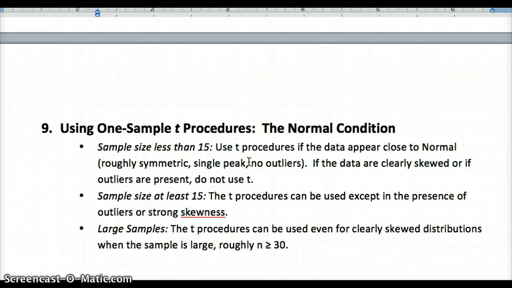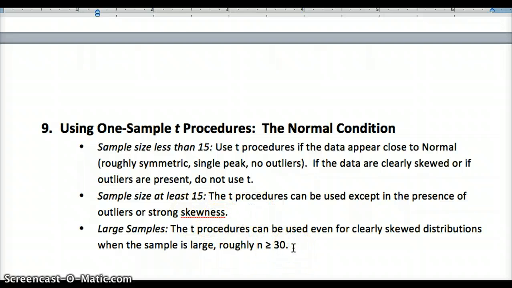If a sample size is at least 15, the t procedures can be used, except when we have outliers or a strong skewness. If it's slightly skewed, that's okay. But if it's at least 15, we can use them, except if we have outliers that are way off or strong skewness, because they'll throw off our approximately normal sampling distribution. We try to approximate it.